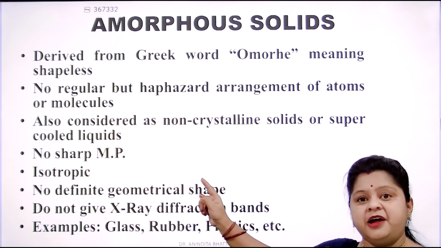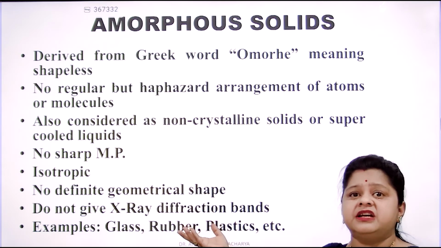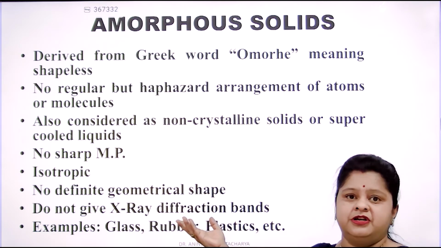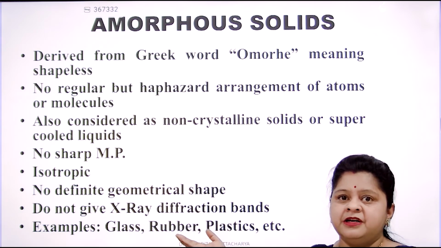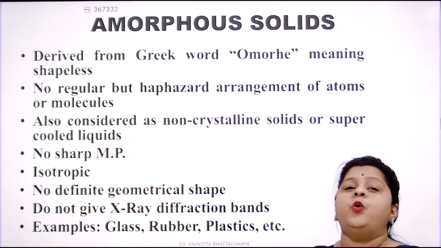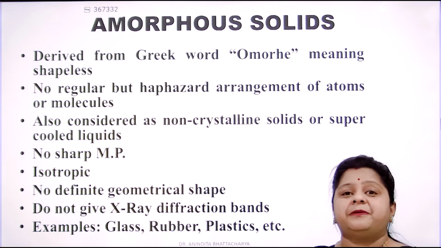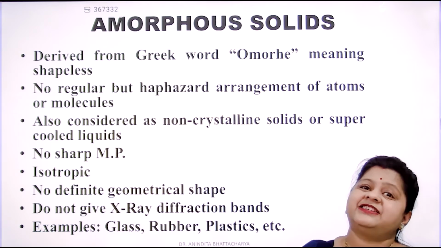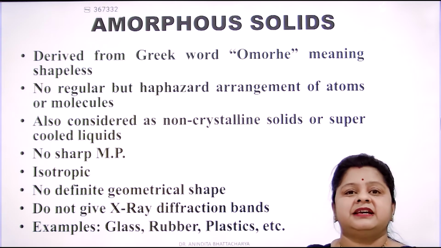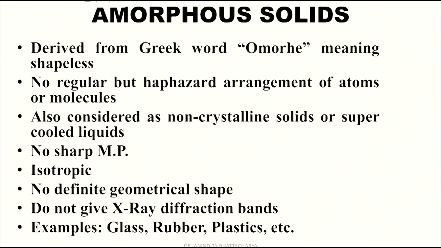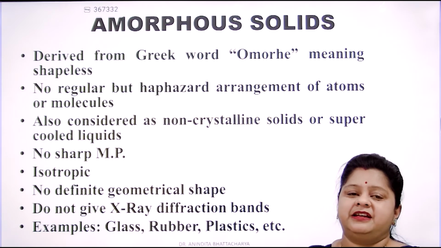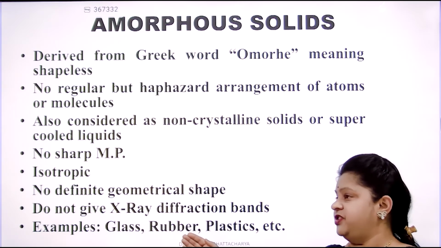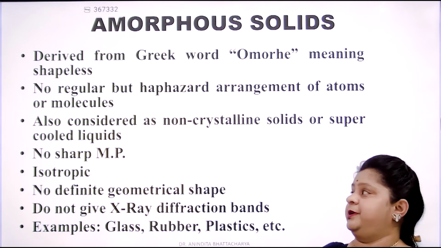They have no sharp melting point because they are haphazardly arranged. They are isotropic. They do not follow any definite geometric pattern and they do not give X-ray diffraction bands. And that is the reason they are considered to be non-crystalline. Examples are glass, rubber, plastics, etc.